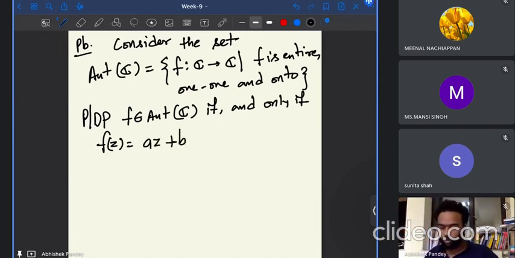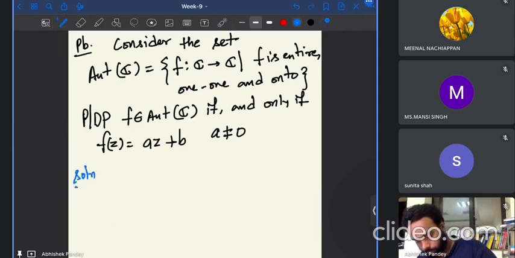Obviously here a is non-zero. So prove or disprove that f is in Aut(C) if and only if f(z) equals az plus b. Observe that if f(z) equals az plus b, then obviously it is in Aut(C). Is it clear?